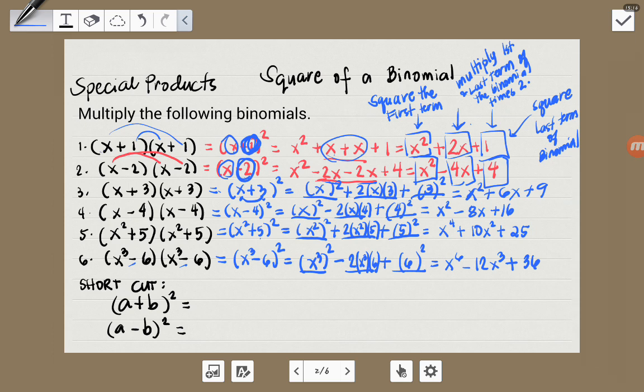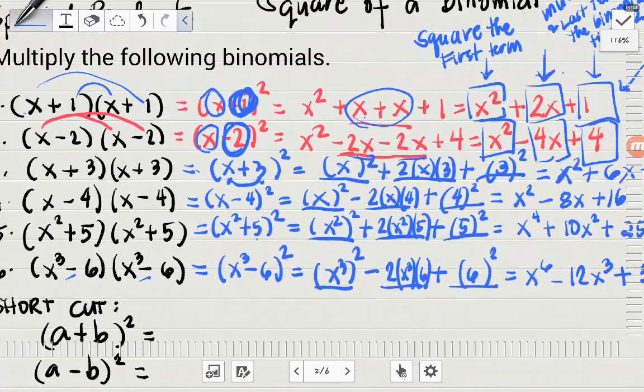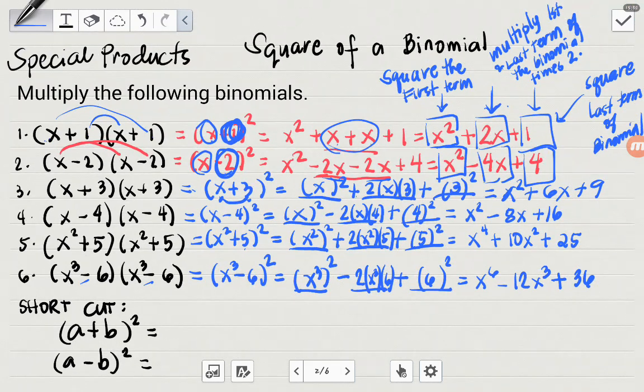So let's finalize our shortcut. So sa special product natin na square of a binomial, kapag meron ka dalawang binomial na may multiply at mapares lang naman sila, that's the square of a binomial. Okay.